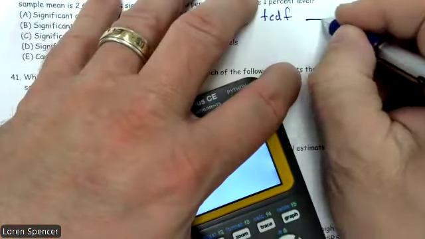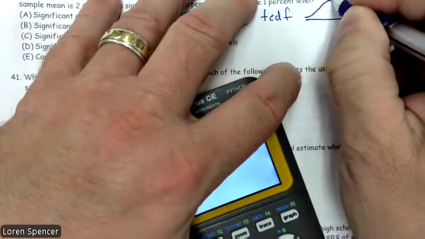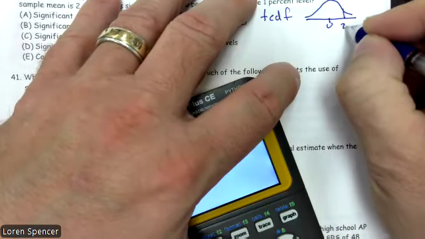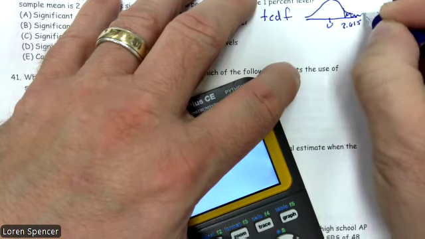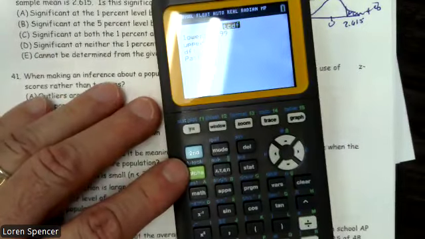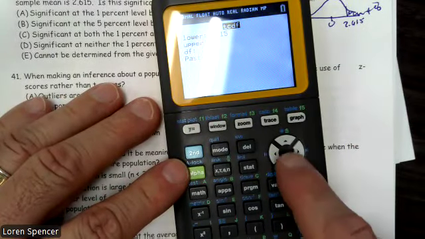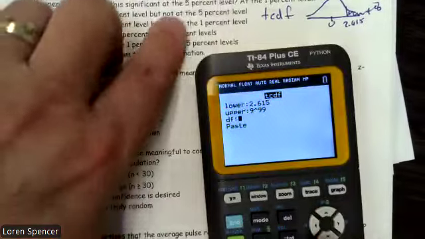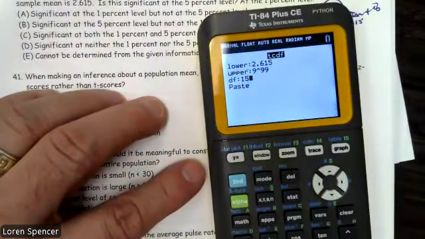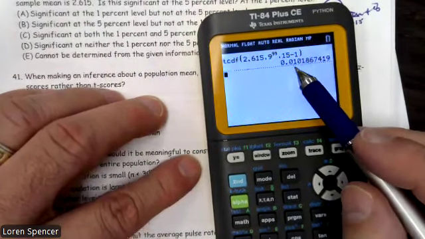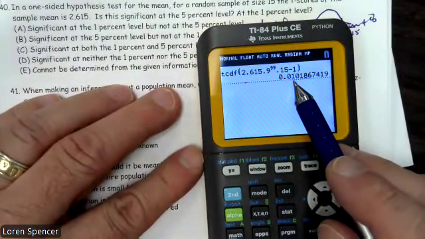Here's what we're doing. We're basically saying all t distributions are centered on 0. We have a tcdf of 2.615, and we're shading up to positive infinity. So lower bound, 2.615. Upper bound, 9 raised to the 99th. Degrees of freedom, 15 minus 1. And we ended up with a very small p-value of 0.0101.